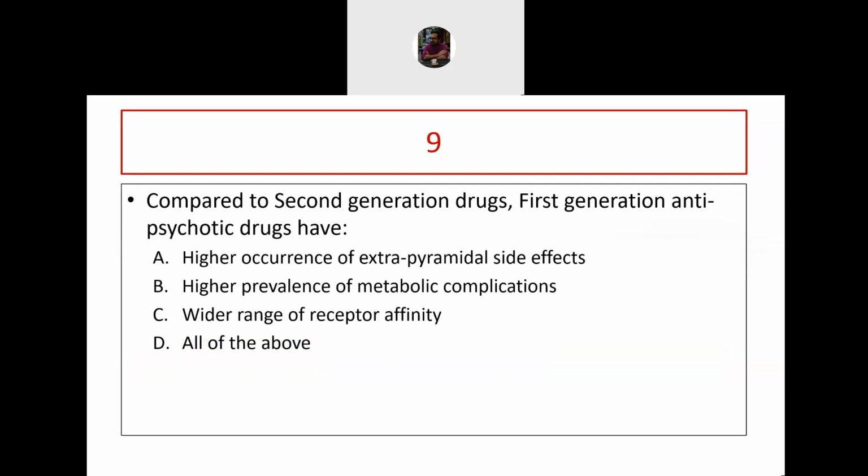Compared to second generation drugs, first generation antipsychotics have. Next question.